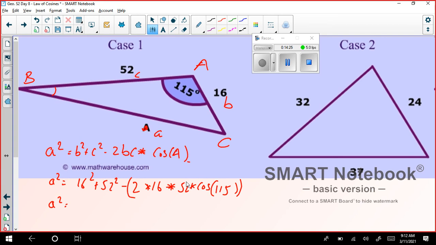Complete everything in the calculator to get A square, and don't round in this step. You'll get 3663.236788. Once you take the square root on both sides, you'll get the value of A as 60.525.